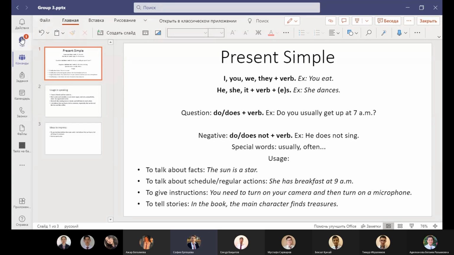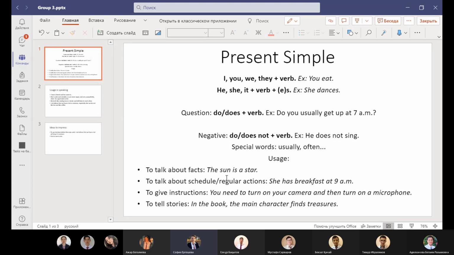Also, in present simple, we can use special words which identify that these actions are done regularly. For example, usually, often, etc. The usage of present simple. We use it to talk about facts.